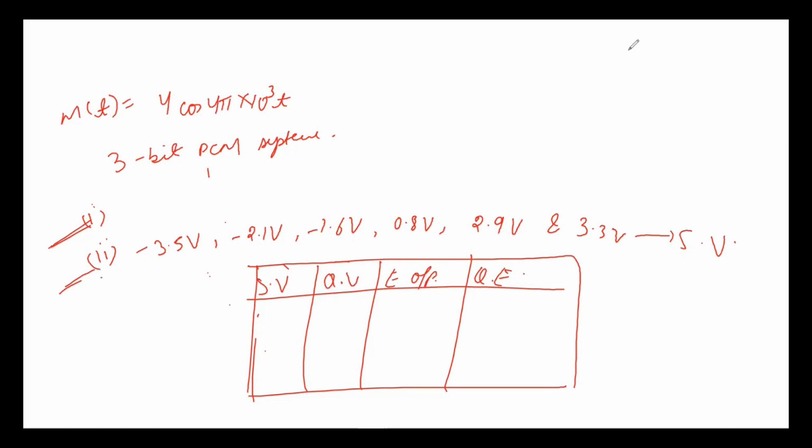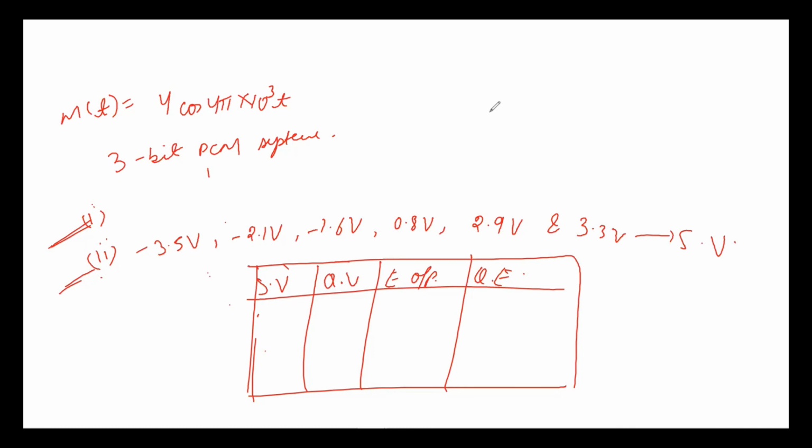Okay, so one is asking to repeat the second bit of the question. Okay, so I'm repeating the second bit. Given sample values: minus 3.5, minus 2.1, minus 1.6, 0.8, 2.9, and 3.3.